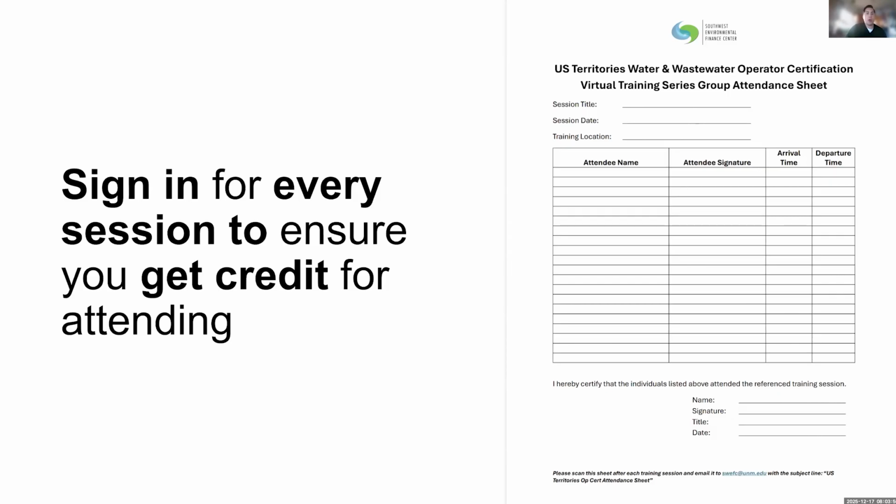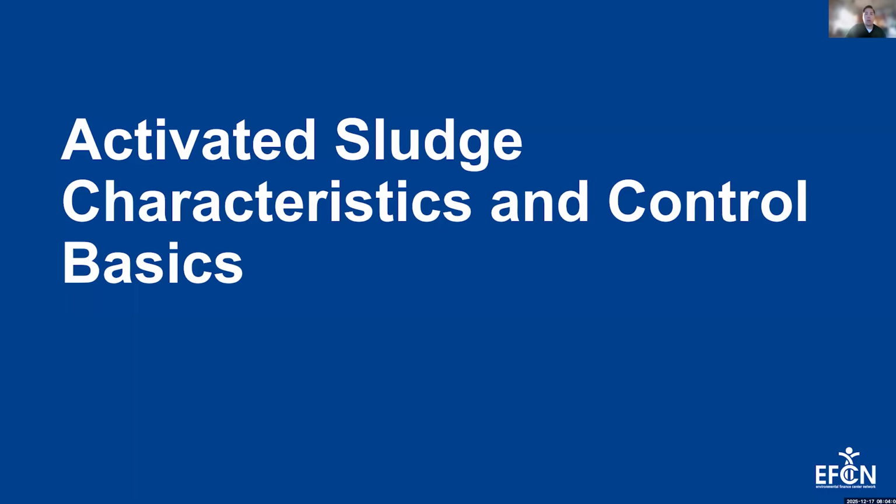With that, we can go ahead and start our training today. Like I said, this is Activated Sludge, part 2 in the series. The first thing we're going to talk about is activated sludge characteristics and controls. If you remember from last week, we discussed an overview of the activated sludge process, its role in wastewater treatment, and the components that go into it.